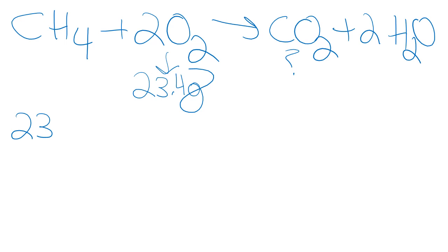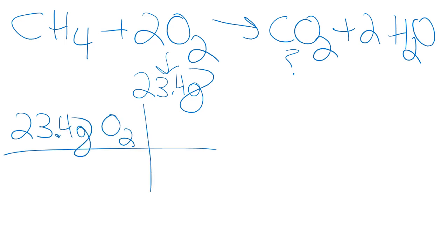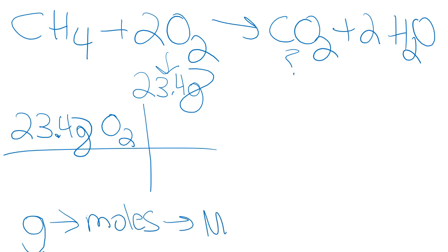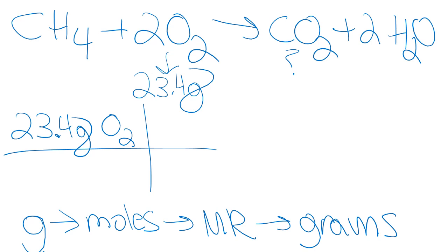Whenever you have grams, you divide by molar mass. So it's grams to moles to mole ratio to grams. Mole ratio is the scariest part, but it's just the front number of what you want over what you have.